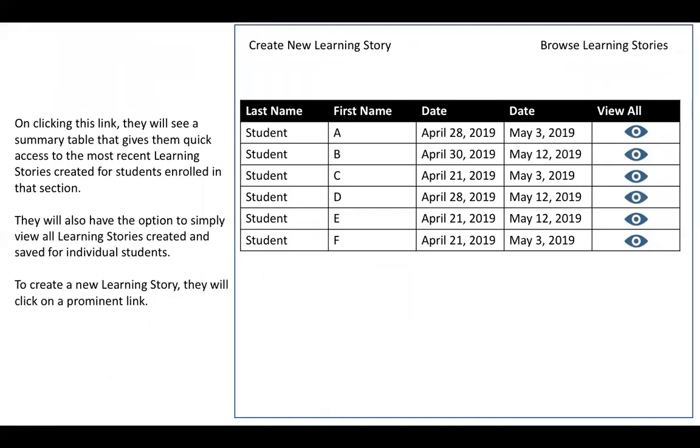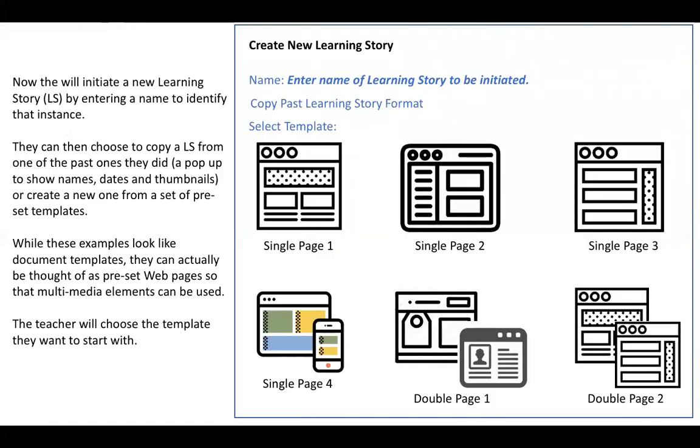So in this case, we want teachers to be able to access quickly a student's learning stories. We want them to create a new learning story. And often what happens with learning stories is they might start with a template. So the system would have a series of templates that they could choose, or preset ones that they think fits the topic of that piece of work.